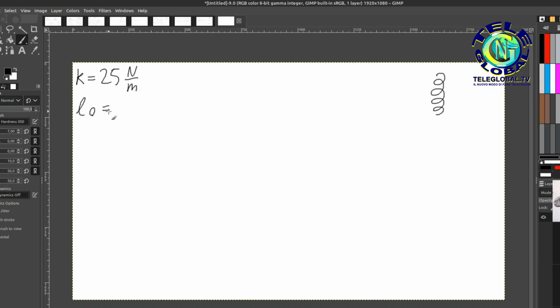Its default length will be 18 centimeters. After you apply some force, its length will be 22.5 centimeters.